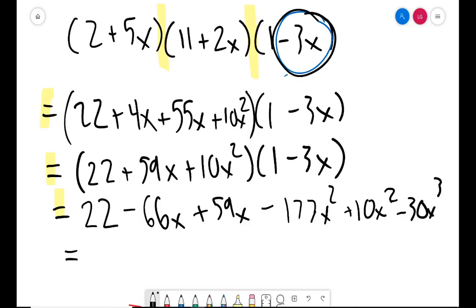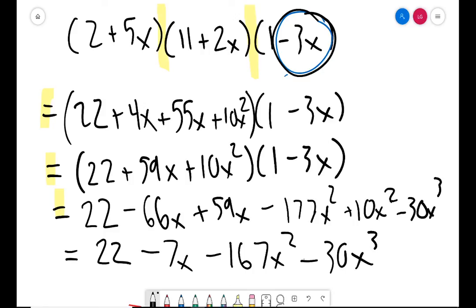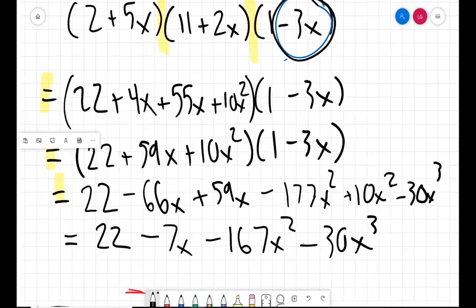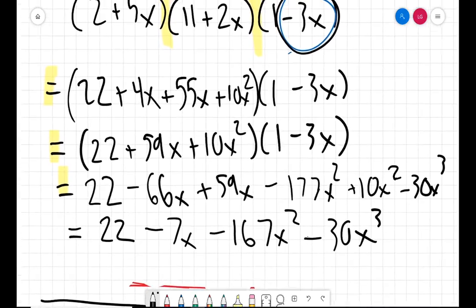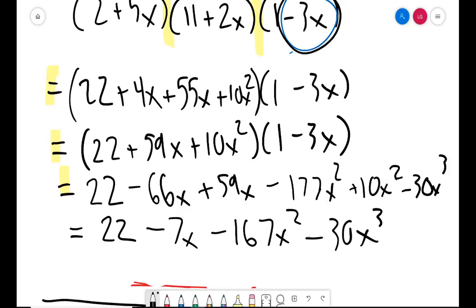And so let's see. The 22 doesn't have a partner. The negative 66x and positive 59x get to combine, negative 7x. The negative 177x squared and 10x squared also combine, negative 167x squared, and the negative 30x cubed is stuck. No partner. So that top line is this bottom line, and that's simplified.